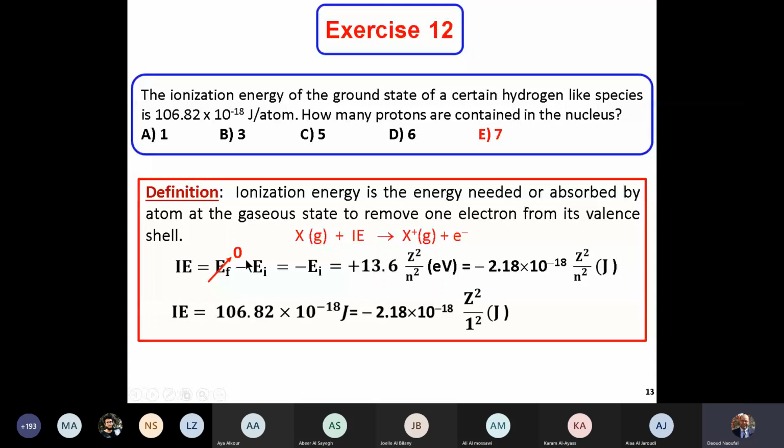IE is equal to 106.82 times 10 to the minus 18, equal plus 2.18 times 10 to the minus 18 Z square divided by n square. N is the initial state, the most stable state, where the electron is found at n equal 1. So in this case we find Z square, and Z equal the square root of Z square, so Z equal 7, and the correct answer is E.